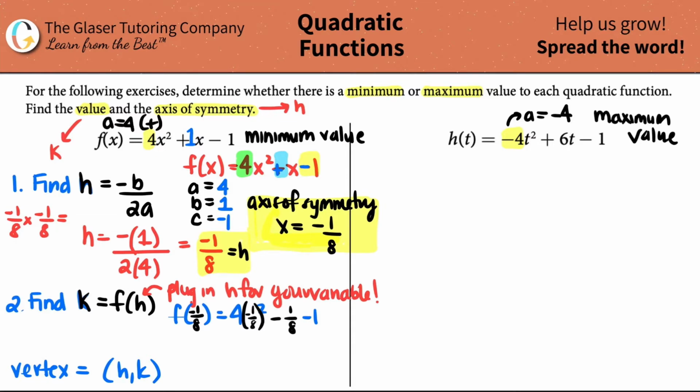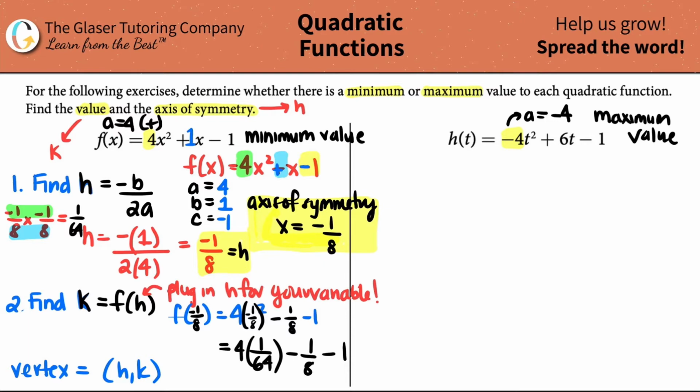When you multiply the top numbers together, you multiply the bottom numbers, the denominator, and that's the end of that. So this would be a positive 1 over 64. So this would equal 4 times 1 over 64 minus 1 over 8 minus 1.